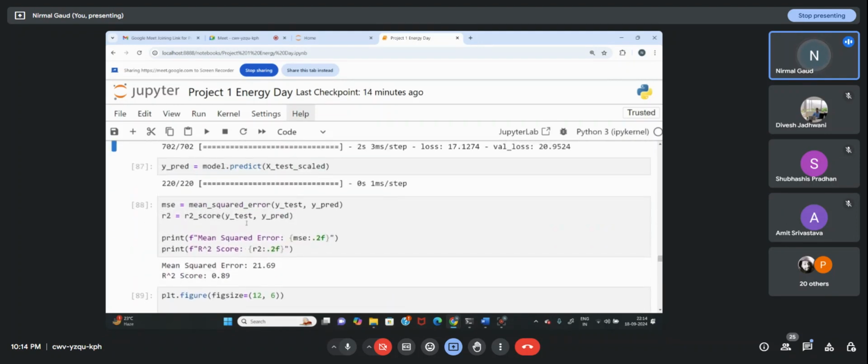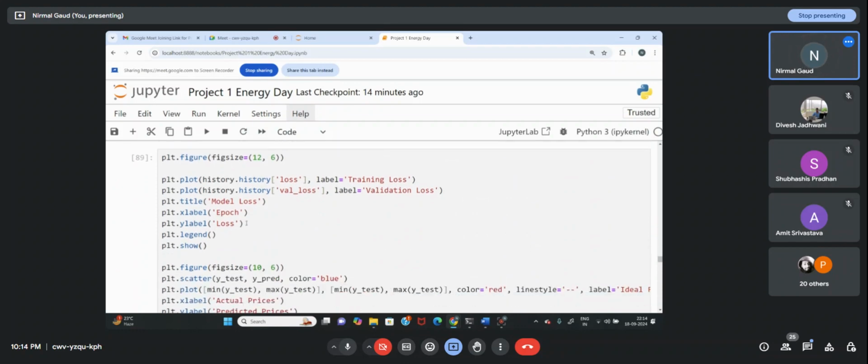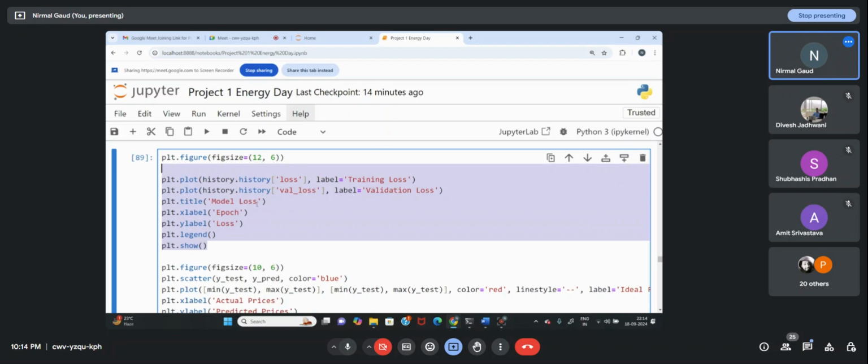These are my history plots. And in history, I am making a plot for training loss and validation loss. Whatever losses I got in the training, and whatever losses I got in the validation, that's what I'm plotting. Training and validation losses.